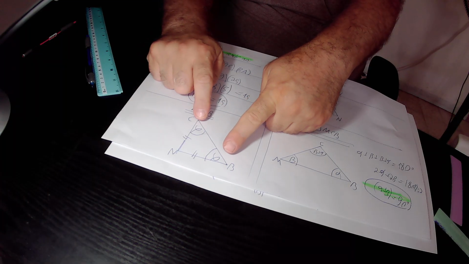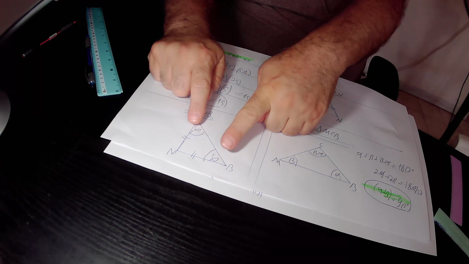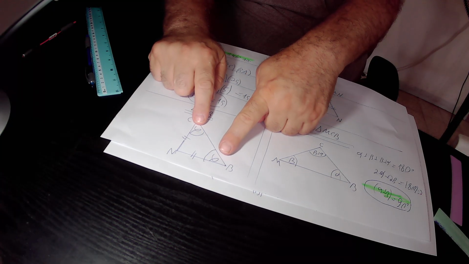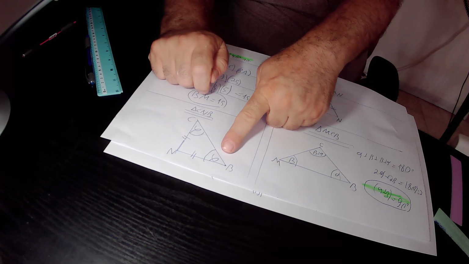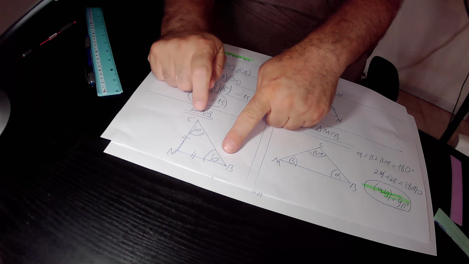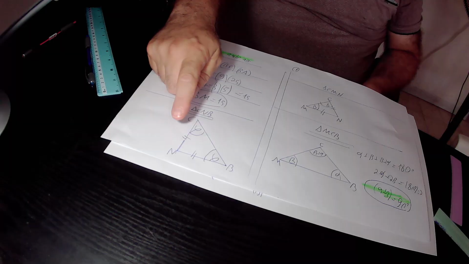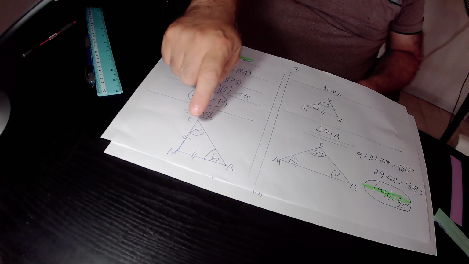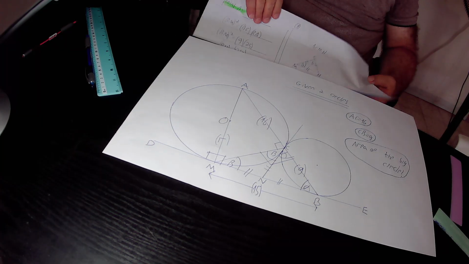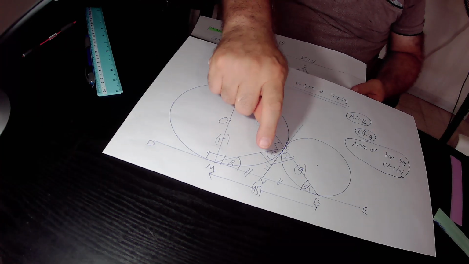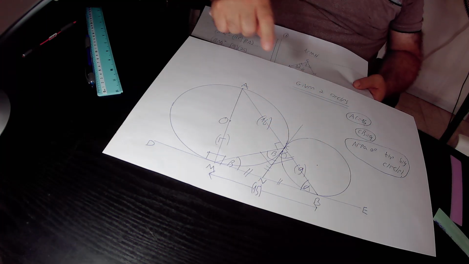Because those two angles are located in front of two equal sides, they must also be equal in size. So if the size of this angle is alpha, then the size of this angle must also be alpha. So in total, angle NCB equals alpha, and angle NBC also equals alpha.